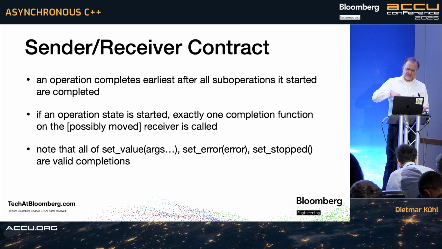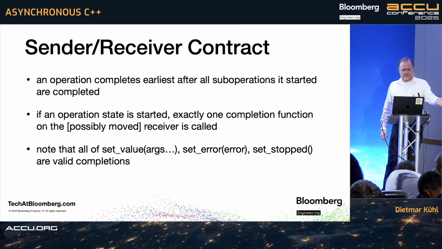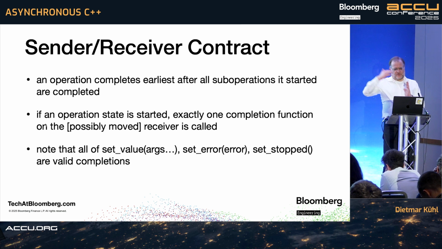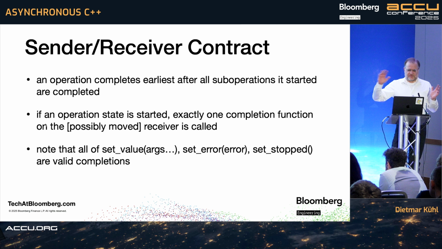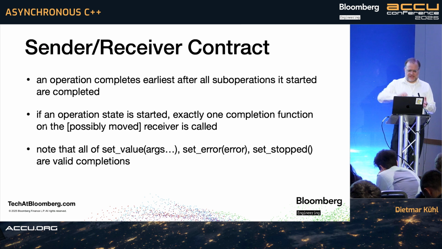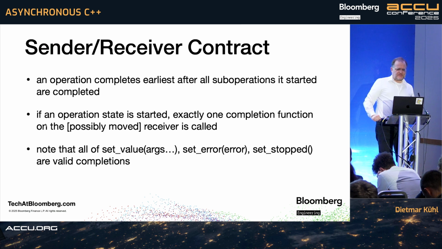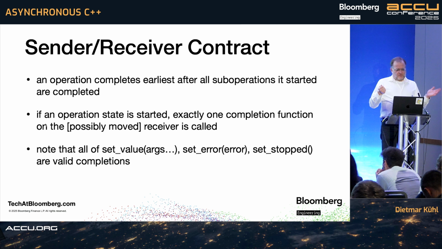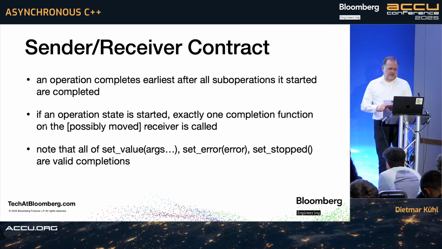The other part to make that happen is that once an operation state is started, it will result in exactly one completion function call on a receiver. The receiver may be the original one, or a copied or moved version of it. So there's a little bit of leeway to move the receivers around, but once started, there's one call.